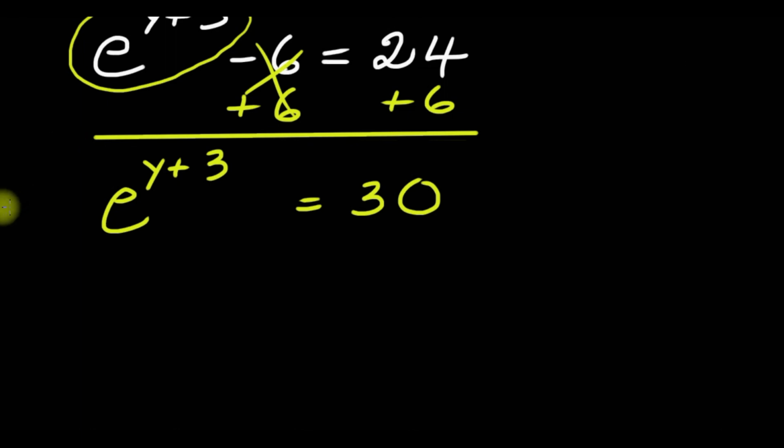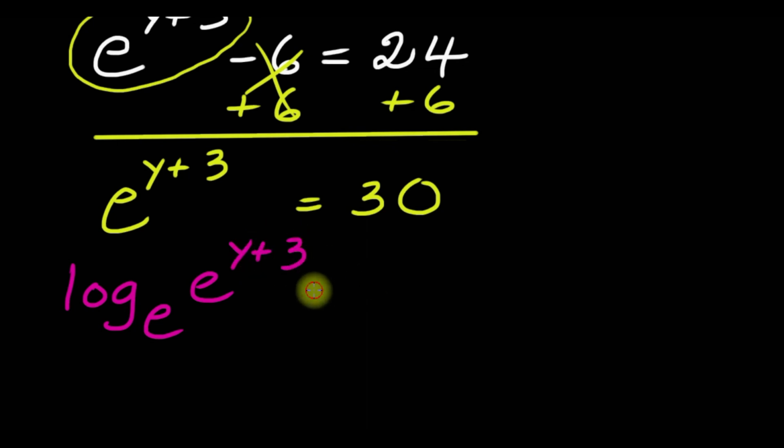Okay, so now we have to get rid of the e. To get rid of the e, you would have to take log base e of both sides. So e to the y plus 3 equals log base e of 30.